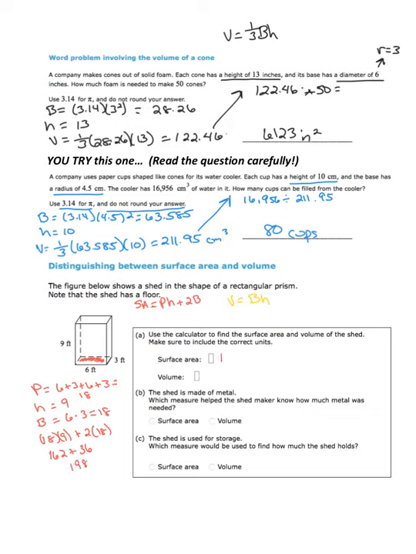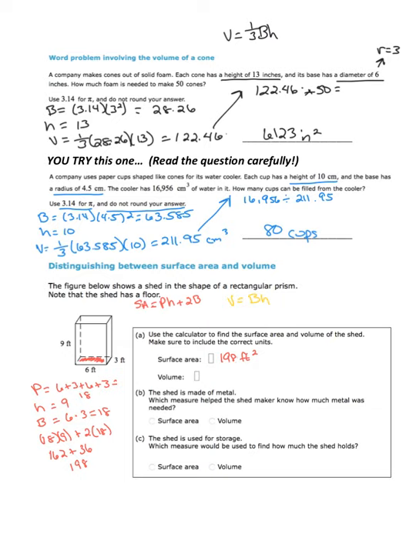So surface area is 198 feet squared. It's a very bad 8. I'm going to fix it. I don't like it when it's bad. All right. That wasn't so bad. You had to go back to day 1 to get your surface area formula. But it's not too bad.